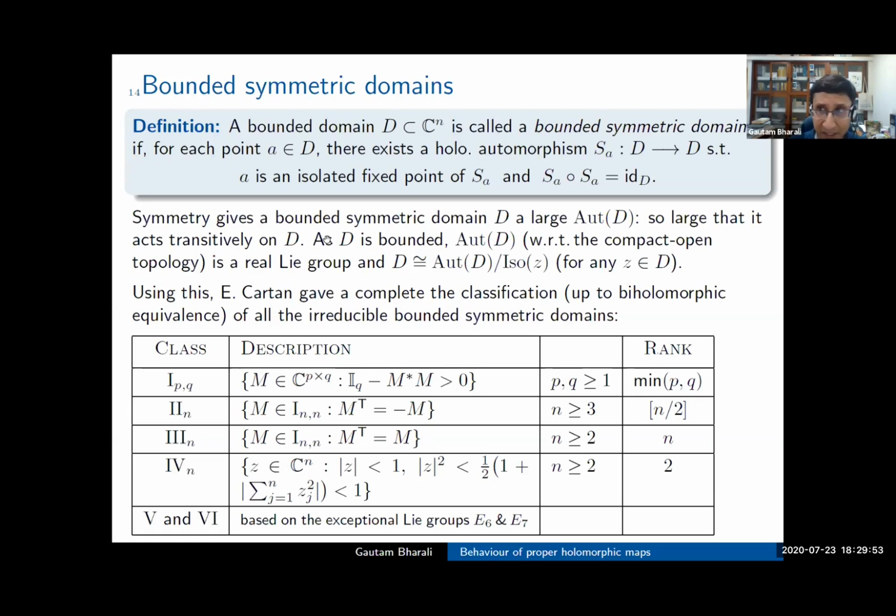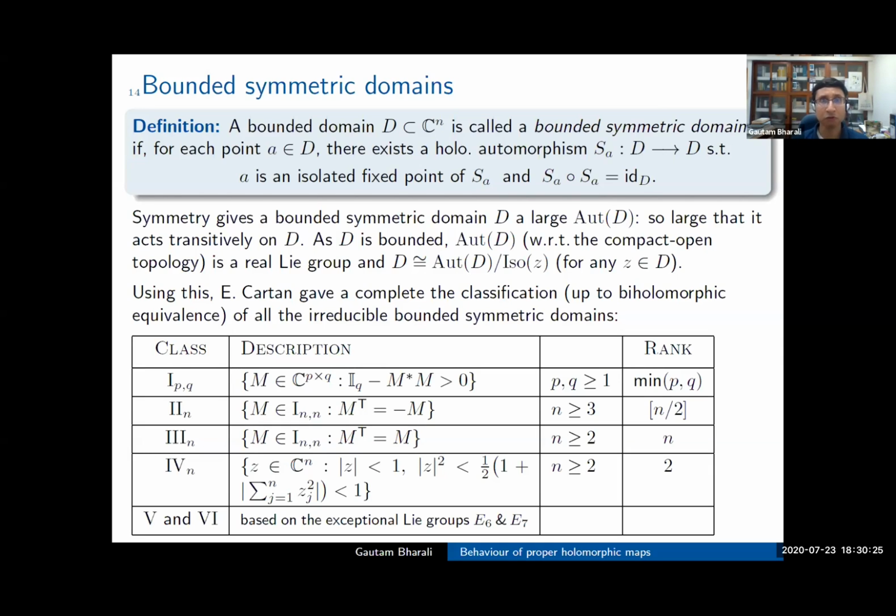So the basic idea, at its heart, is an idea that one is familiar with from the proof of the following statement in topology: if you have a connected topological manifold, then the automorphism group in that category, the group of self-homeomorphisms, acts transitively. It's the same idea that we use.